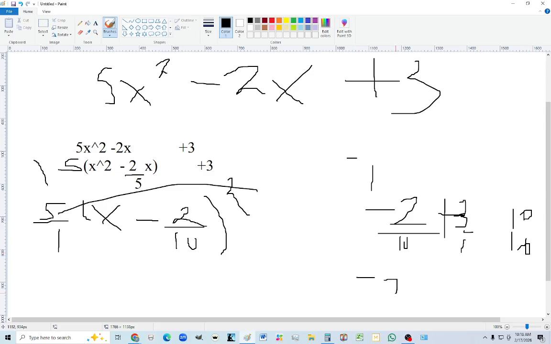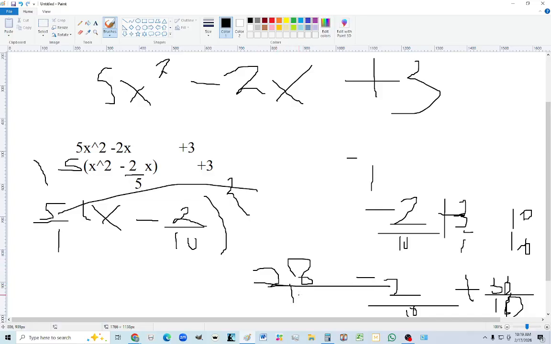So it becomes minus 2 over 10 plus, what's 3 times 10? 30. What's 1 times 10? 10. It makes sense that 30 over 10 is the same as 3, because when I take 30 and divide it by 10, I get 3. That's just a fractional representation of 3 over 10. Now I can add it. Minus 2 plus 30, 28 over 10 is my y value.